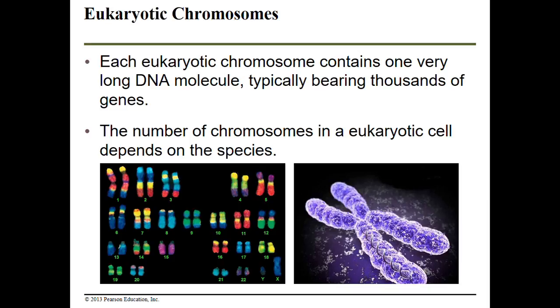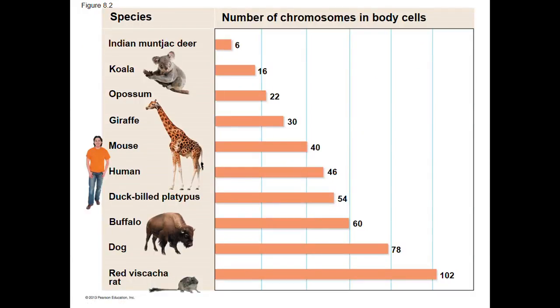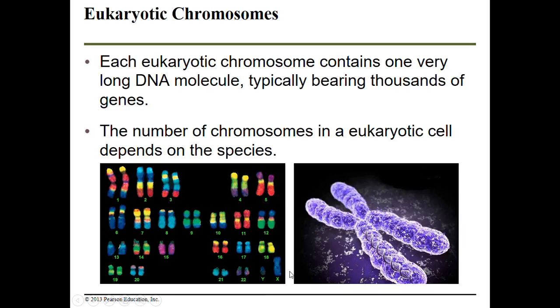Each of our normal body cells has 2 copies of each chromosome, so 1 through 22. So like I just said, the number of chromosomes you have depends on what species you are. Here's a good chart with examples of different species and the number of chromosomes they have. Ours says 46. That's because we have 23 pairs, right?